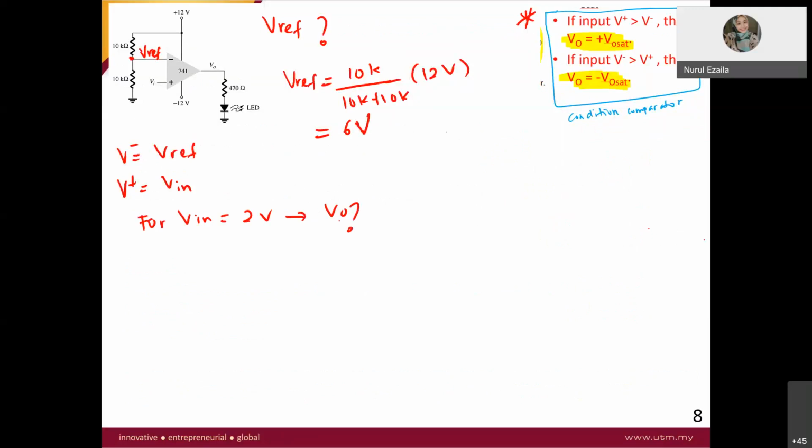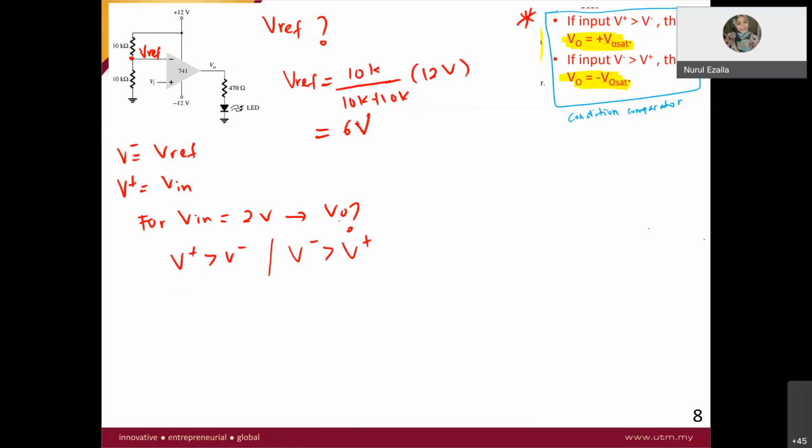All right, so let's take a look here. For this case, by applying this condition, is it V plus greater than the V minus, or V minus greater than the V plus?